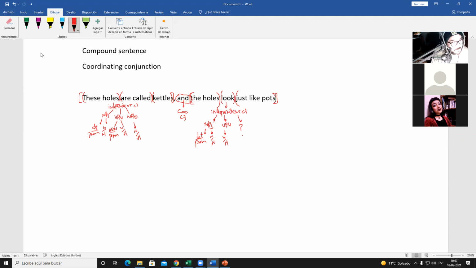Okay, the interesting thing about this form of analysis is this. As you can see, an independent clause is created by phrases. One of these phrases must be a verb phrase, right? Here we have another independent clause, which is also created by phrases in most cases, and it has a verb phrase.